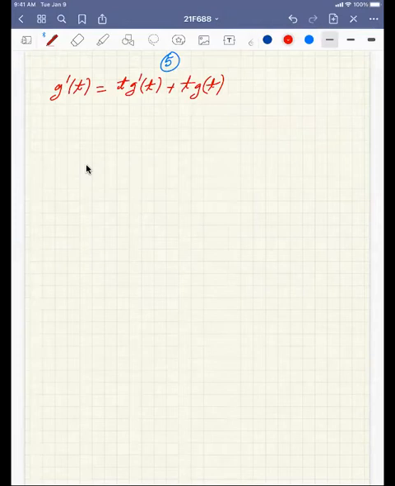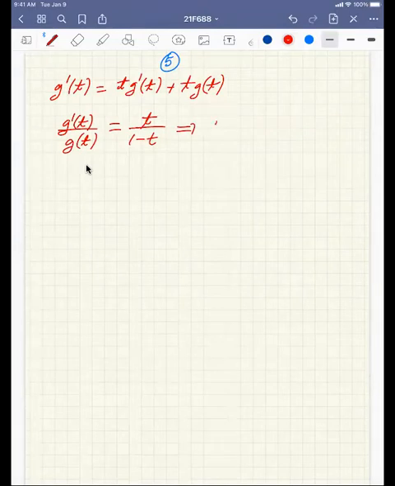And from here, you get the differential equation g prime over g of t equals t over 1 minus t. And you can solve this, and we get that g of t equals e to the minus t divided by 1 minus t.